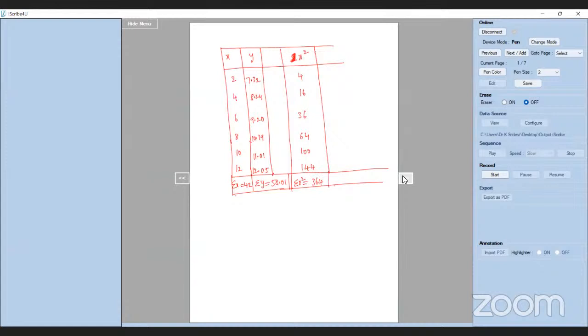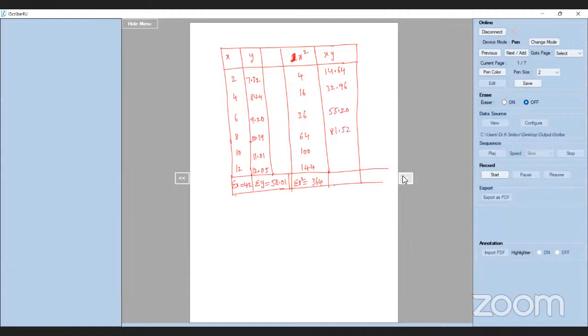Very good. Next, take xy values. X into y: 7.32 into 2 is 14.64. Next, 8.24 into 4 is 32.96. Very good. Next, 9.20 into 6 is 55.2. Next, 10.19 into 8 is 81.52.